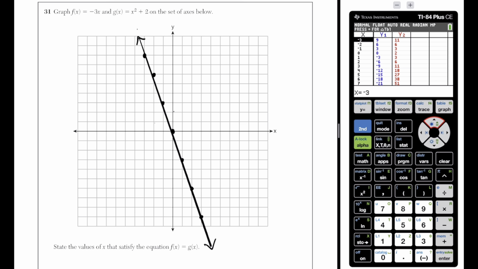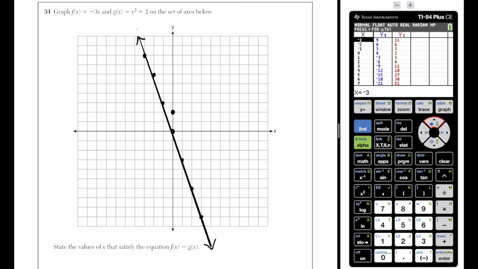There we go. Now for the parabola one, I'm going to go and look at those points as well. And I have my first point at 0, positive 2. And I'm just putting in my points in there. So I have 1, 3.